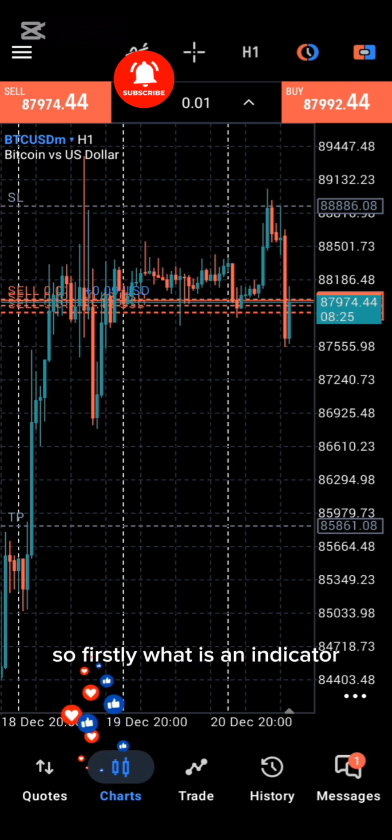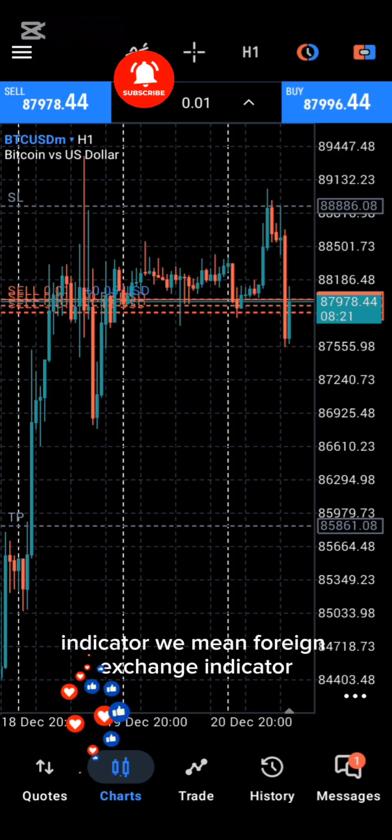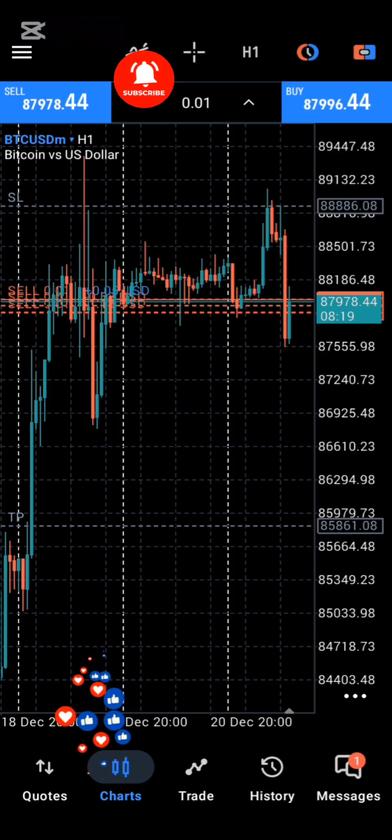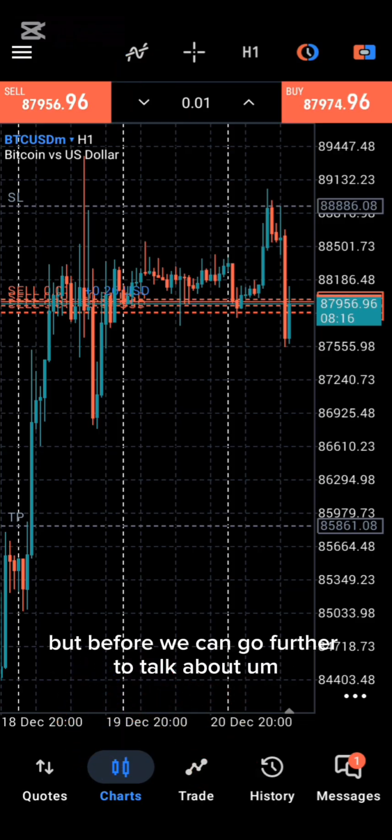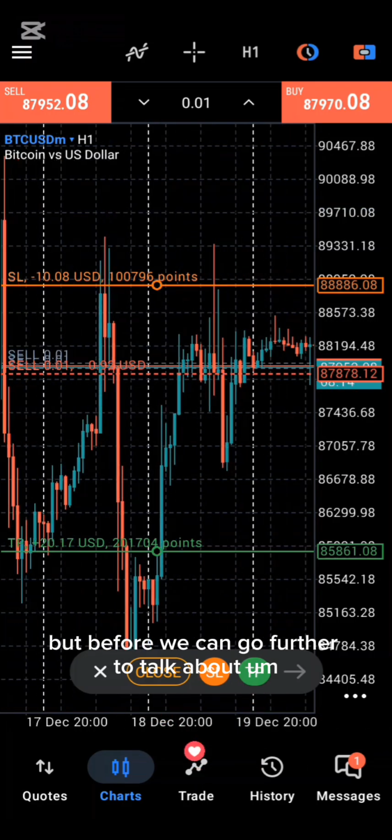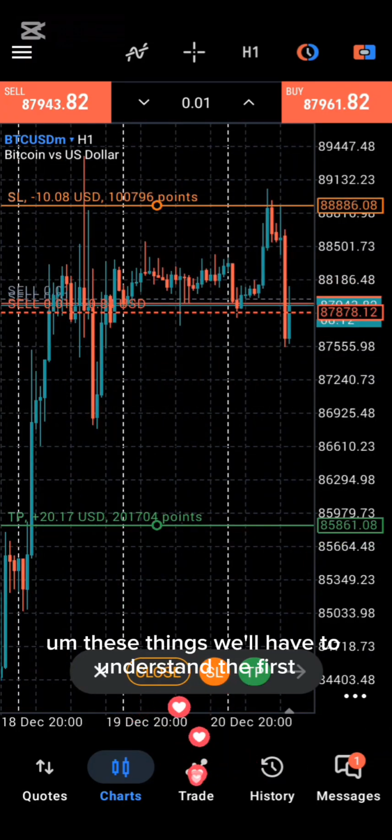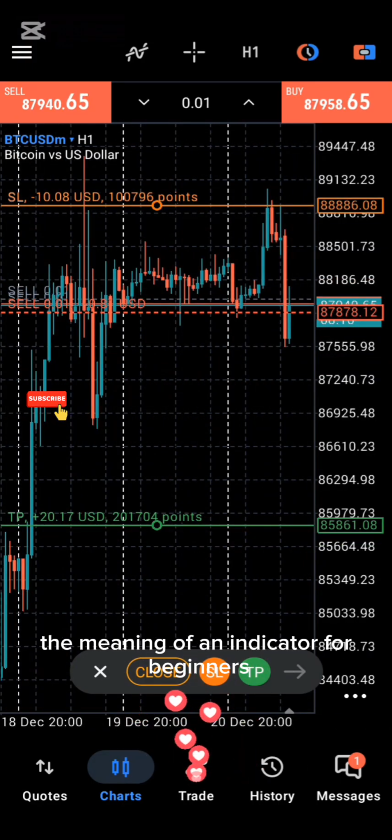So firstly, what is an indicator? When we say forex indicator, we mean foreign exchange indicator. But before we can go further, we'll have to understand the meaning of an indicator for beginners.